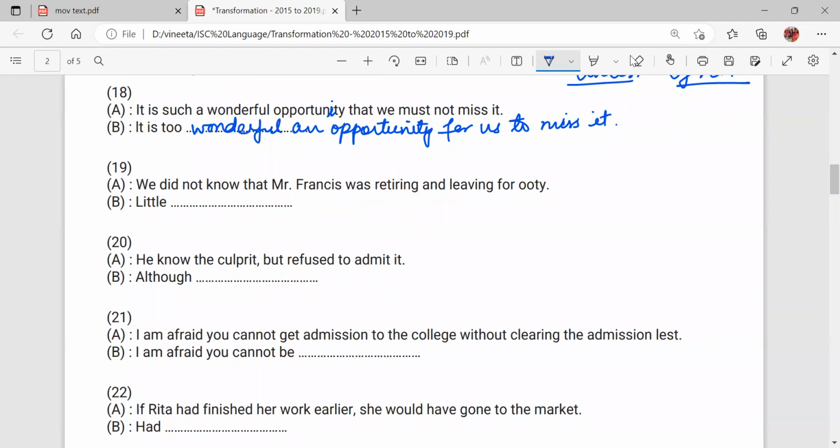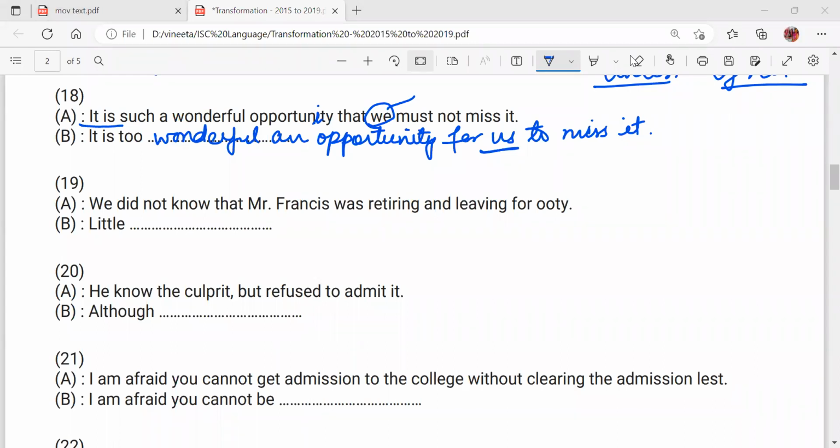Now, why for us here? Because see, in this subordinate clause, after that we had another subject, we. Here the subject is it, and here it was we. So for we, we have to make it for us. It will come as an object.